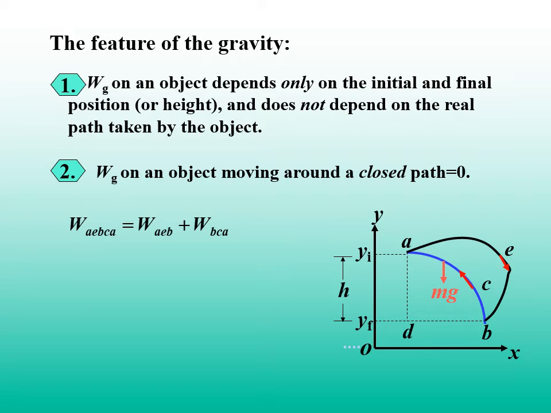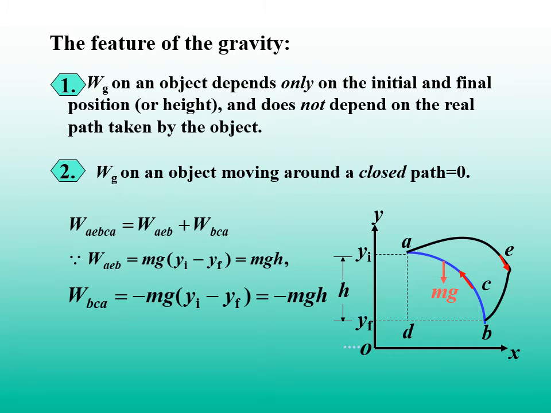Let's say W_AEBCA is the work done by the gravitational force around a closed path. It is equal to W_AEB plus W_BCA, because W_AEB equals mg times (yi minus yf), which equals mgh.